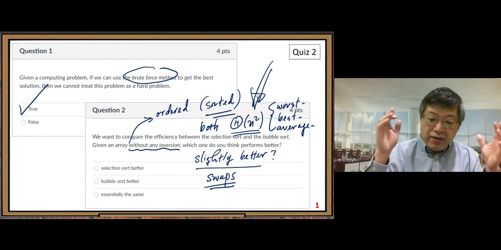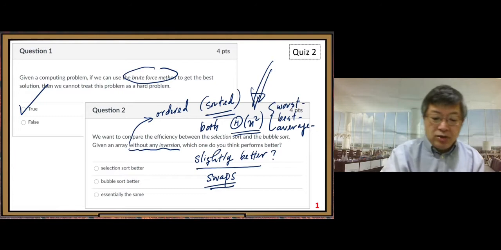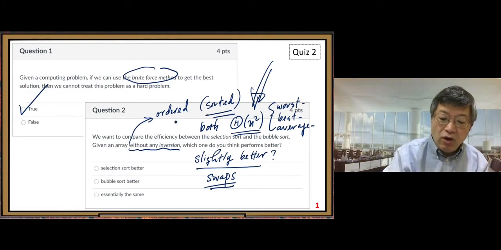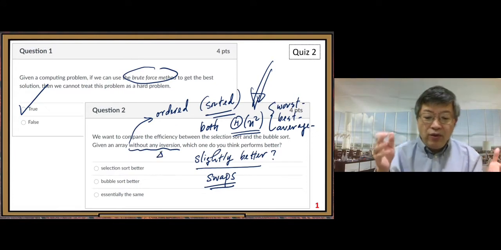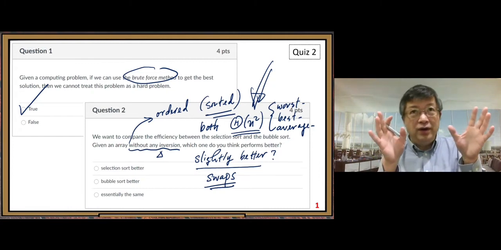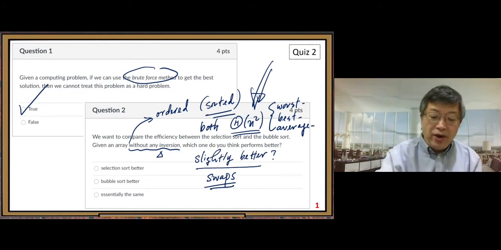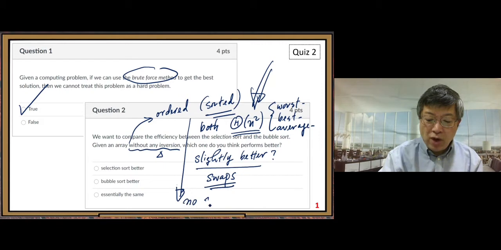All right, so based on that, now we need to look at the number of swaps under the condition already sorted, or already ordered. If you recall the procedure of these 2 methods, already ordered, then for both algorithms, no swaps.